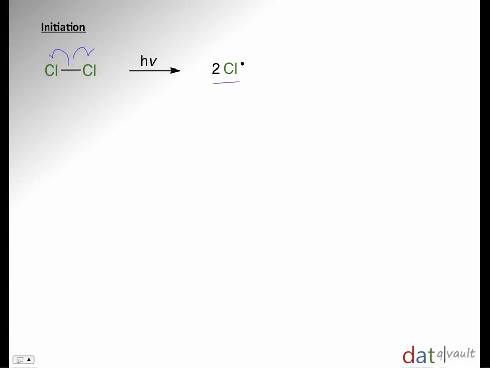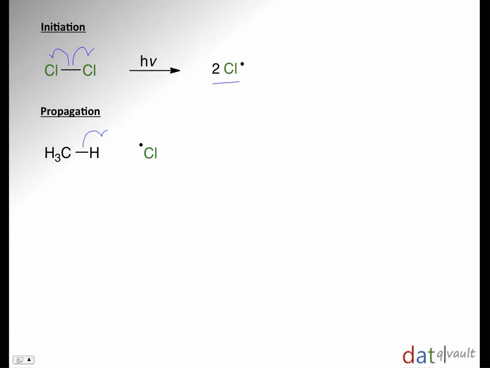It's these chlorine radicals that will begin to react with our methane molecule. I have drawn out here a methane molecule, and I've accentuated one of the CH bonds because this bond is going to participate in a reaction with this chlorine radical. Again, this is going to happen through homolytic cleavage of this CH bond.